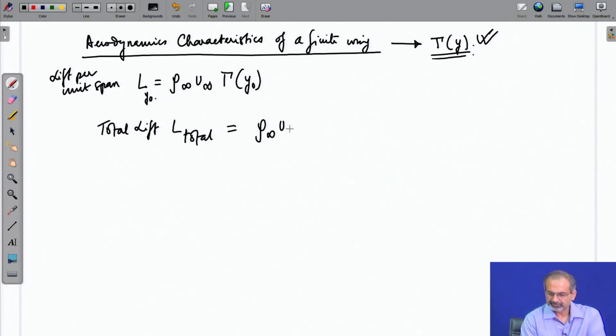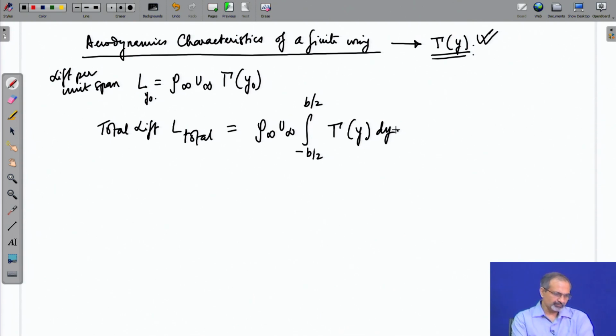So, that will be rho infinity u infinity times the integral of gamma y dy, and from the L total you should be able to get the C L, minded that this is capital C, because you are talking about the 3-dimensional body.